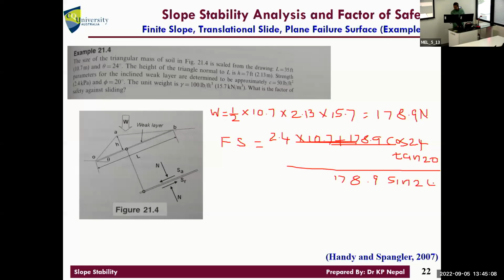Can you do this calculation? How much you got? 1.17, sir.